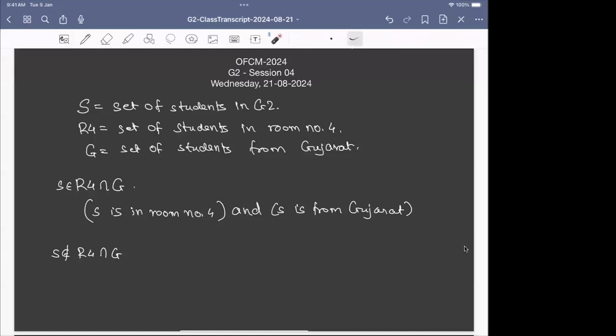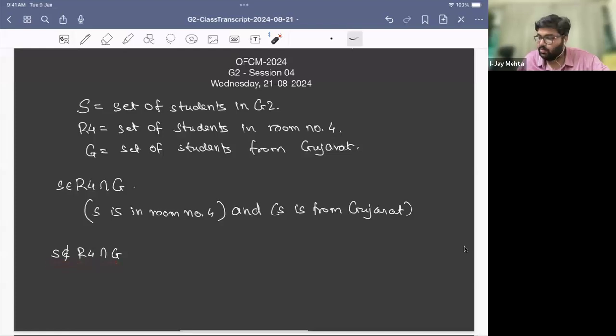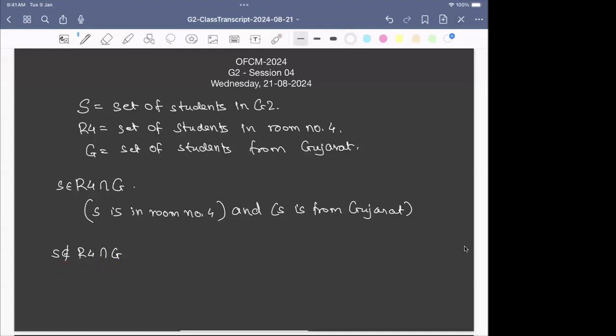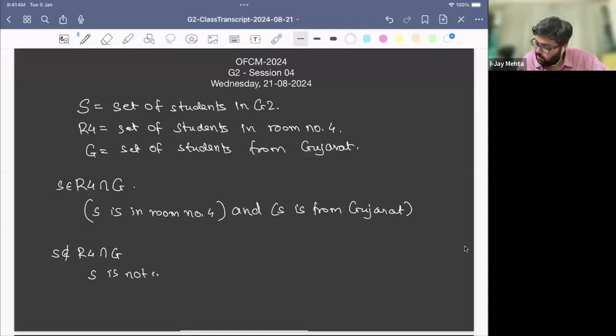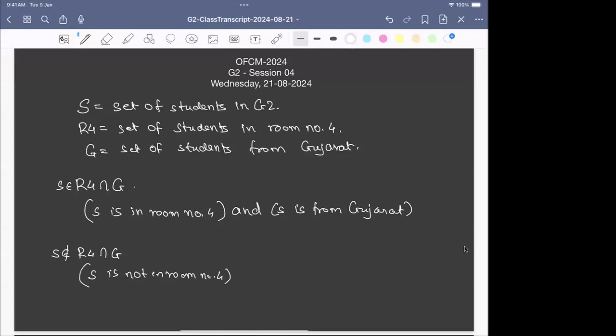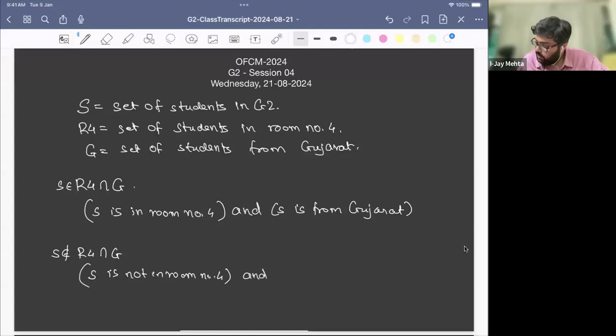Yes, sir. Can you describe what is this if S does not belong to this? Yes, sir. S is not in room number 4 and S is not from Gujarat.